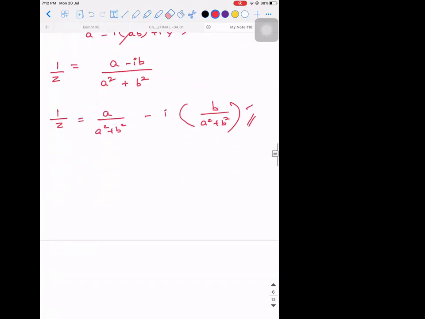Done with this? Yes, sir. Now write down the next heading as conjugate of a complex number.